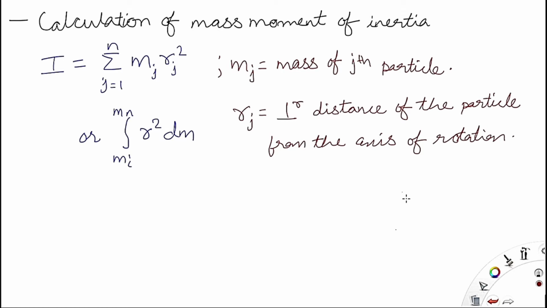In this expression, mj is the mass of the jth particle and rj is the perpendicular distance of the particle from the axis of rotation, because perpendicular distance is the shortest distance.